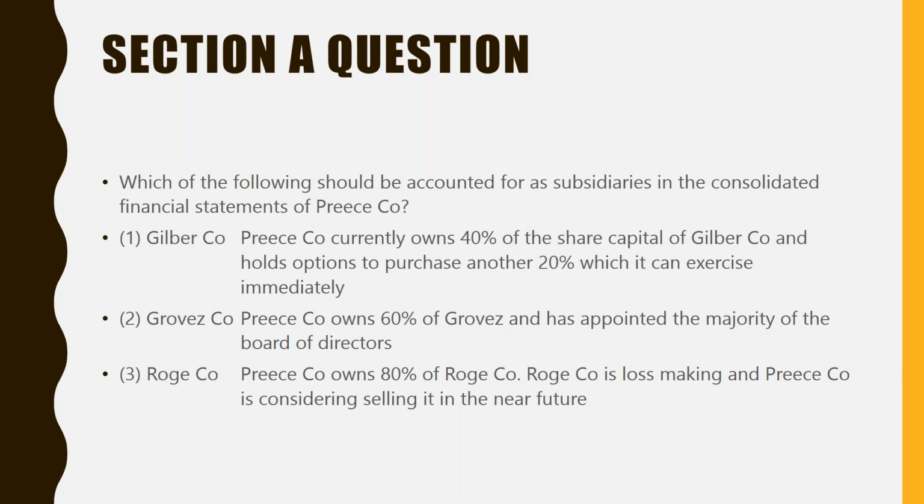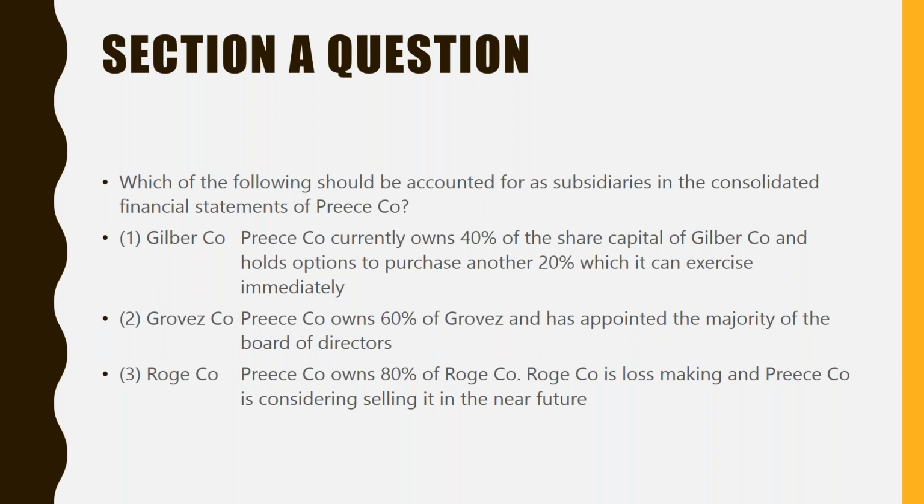In the first case, he had the ability to get the additional 20% now. So conceptually, even though he didn't own it, he could control the company. So he has control. In the second scenario, he owns 60% and has the majority of the board. So therefore, that clearly would be a subsidiary. And in the third case, he owns 80%. And because he's considering selling it does not mean it is not a subsidiary.